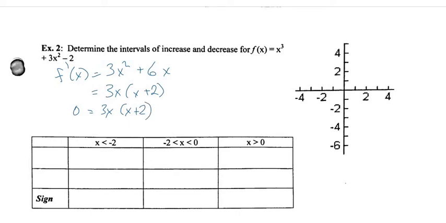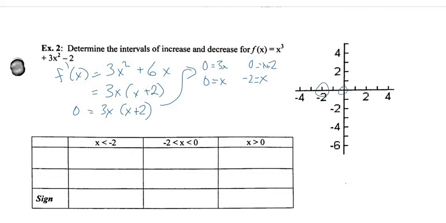With the zero product rule, we can say 0 is equal to 3x, 0 is equal to x plus 2, so 0 is equal to x, or negative 2 is equal to x. So we know that we're going to have changes to our increase and decrease potentially around negative 2 and 0.